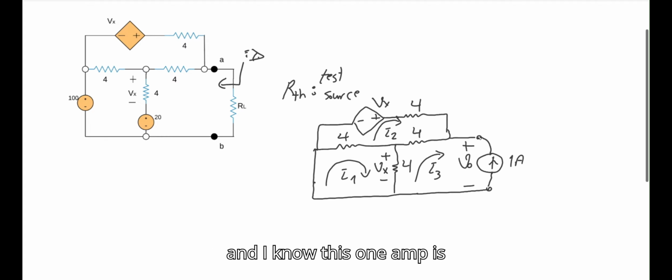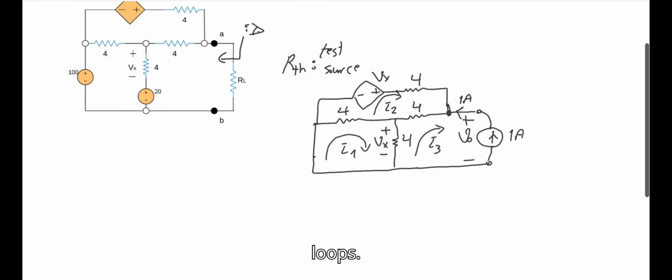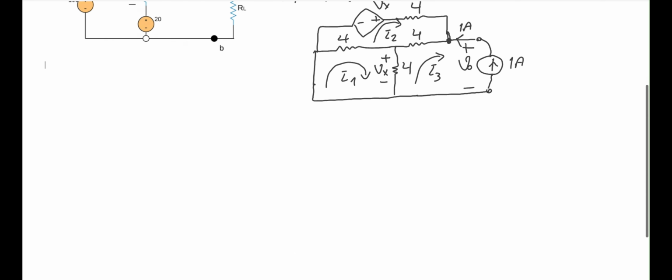And I know this 1 amp is injected from here, so I can say 1 amp current goes to this node over here. Let's just consider it for now and try to solve by forming the KVL loops. So for loop 1, I say KVL at loop 1 over here.